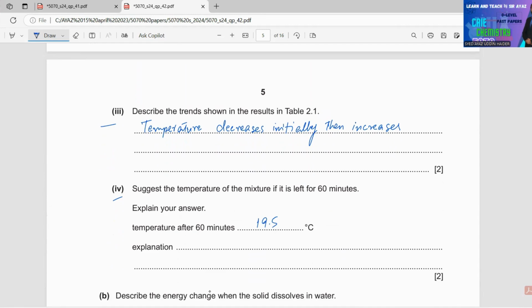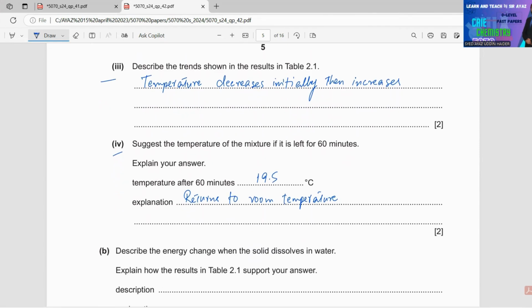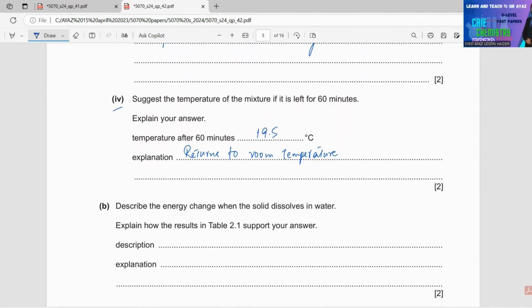The reason explanation is that it's returning to room temperature. The reaction will cease within 60 minutes. So it will definitely return to room temperature.